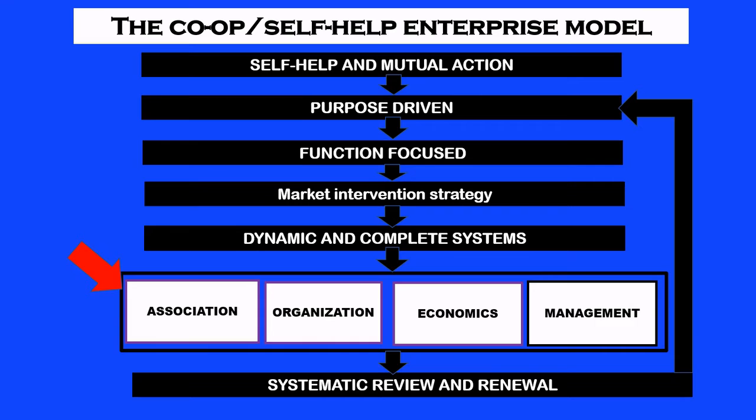The aim of the system of association is to establish and sustain the community of interest that needs to exist if people are to work together to achieve a specified purpose.